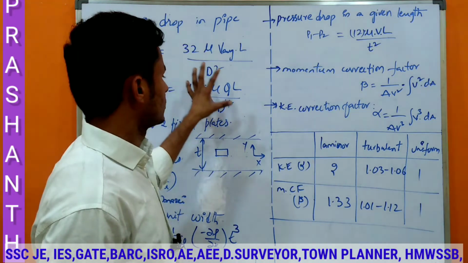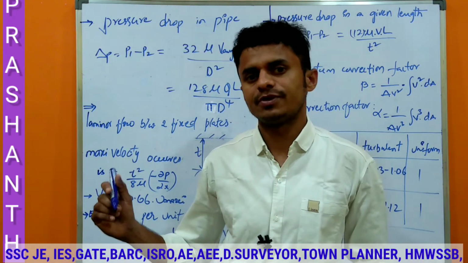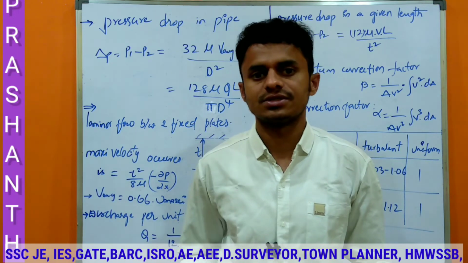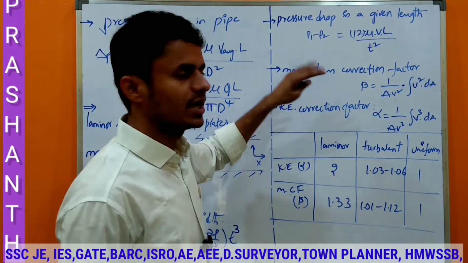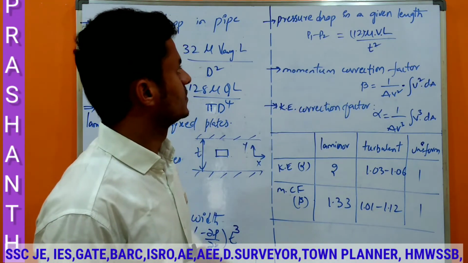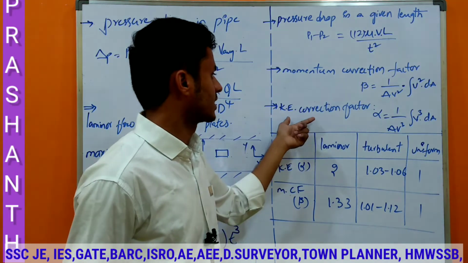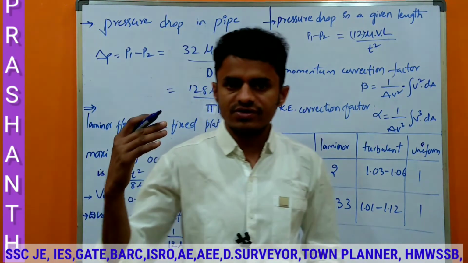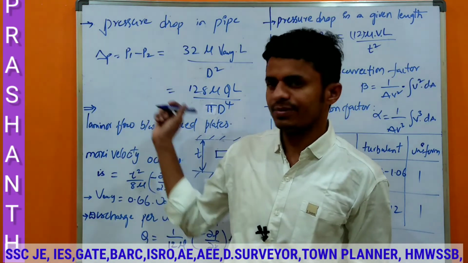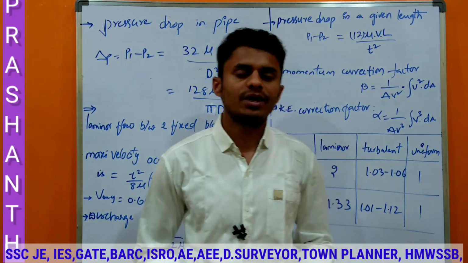What I am explaining here, each and every question is a previous IAS question, previous GATE question, previous AEE, SSC, JE question. ISRO and others also ask direct questions from this chapter. Here, the momentum correction factor is also a previous question, and the kinetic energy correction factor is also a previous question. If you see previous years' questions, definitely these questions are repeated. This is about laminar flow.